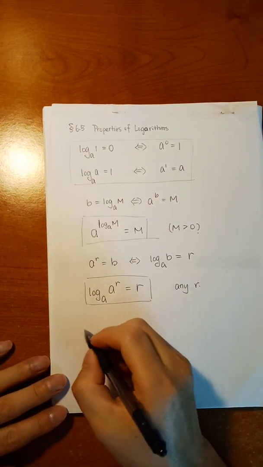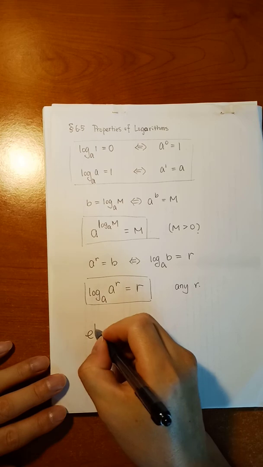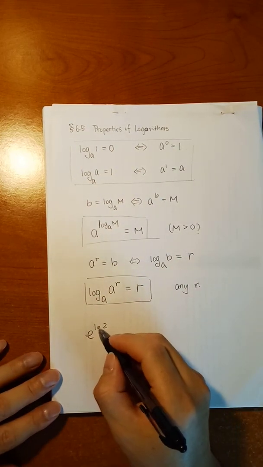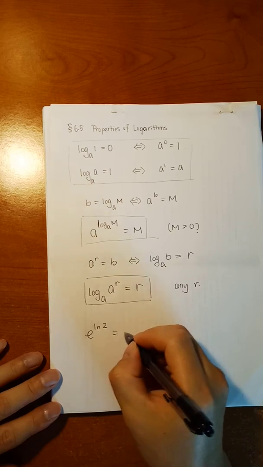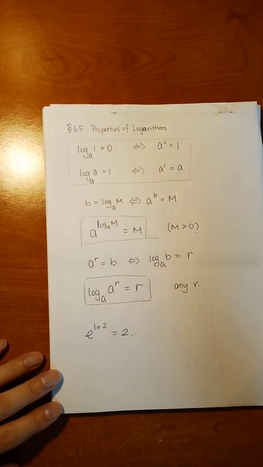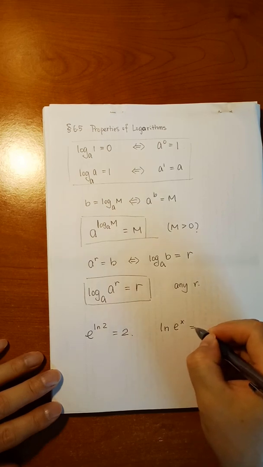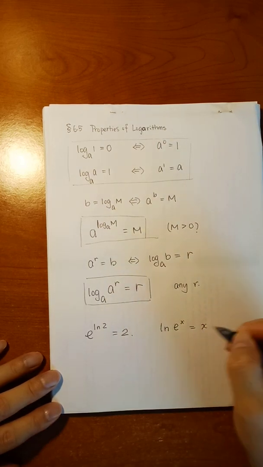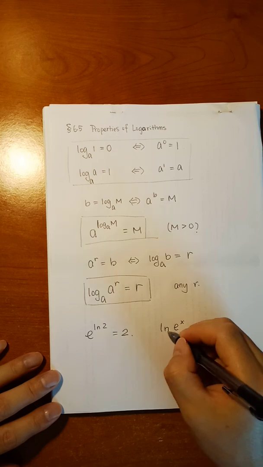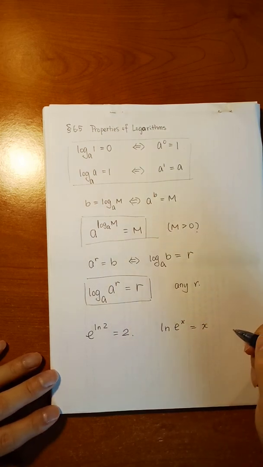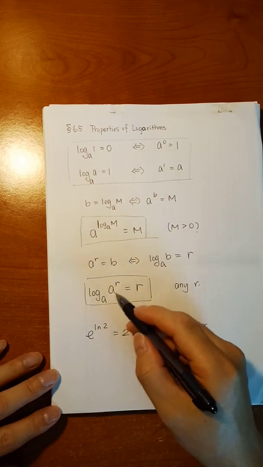For example, if you have e to ln of 2, what's this? Exponential function, natural logarithmic function, they cancel, it is equal to 2. Or you have log e of e to x, what's this? This is x. Logarithmic function, exponential function, they cancel, you only have x. But be careful, they have to have the same base.